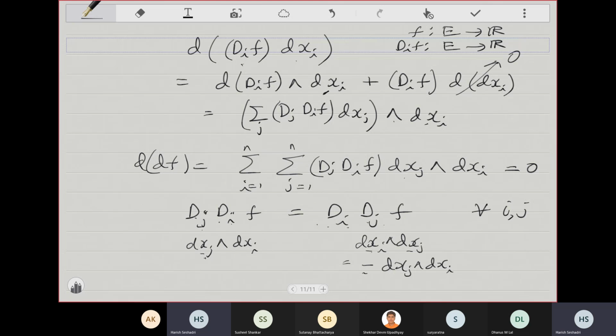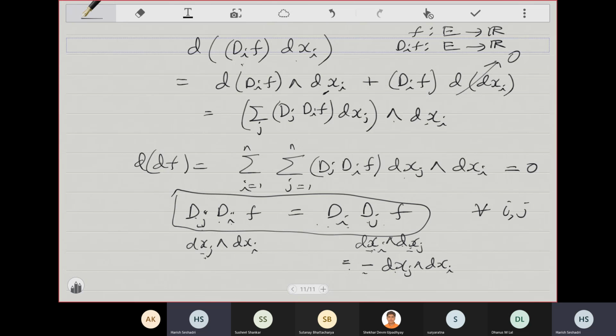So the two crucial takeaways from this are equality of mixed partial derivatives, and the other thing is anti-commutativity of multiplication of the dx_i. Without both of these, you will not have d squared equal to 0.